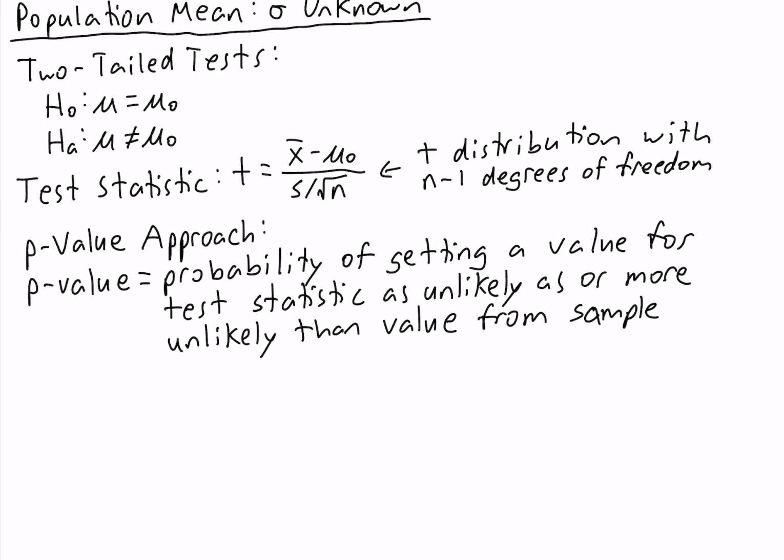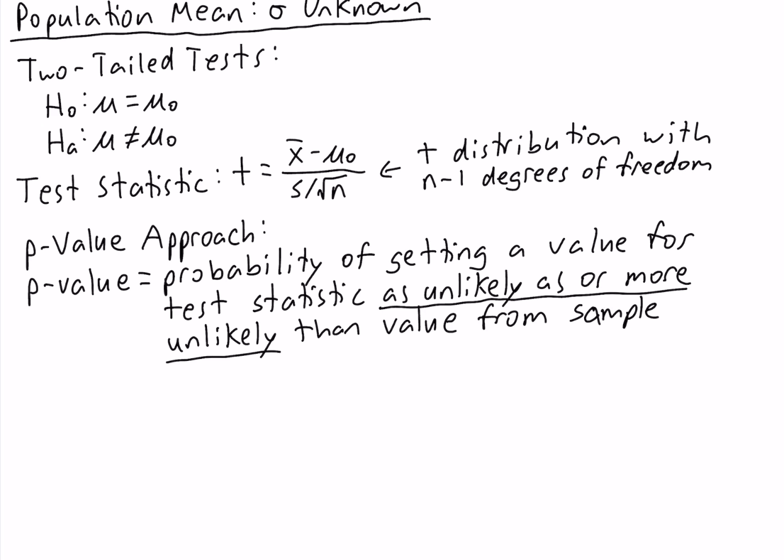Now the value from the sample is whatever we calculate for our test statistic. In our example, we calculated the test statistic to be negative 1.46. Now what makes this the definition of a two-tailed test is this part here, as unlikely as or more unlikely.